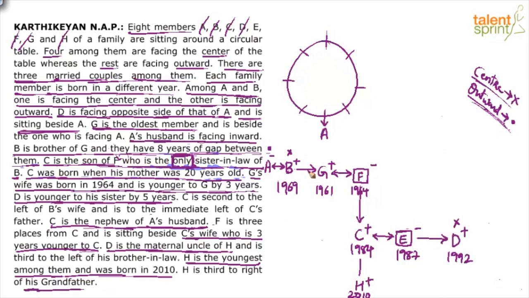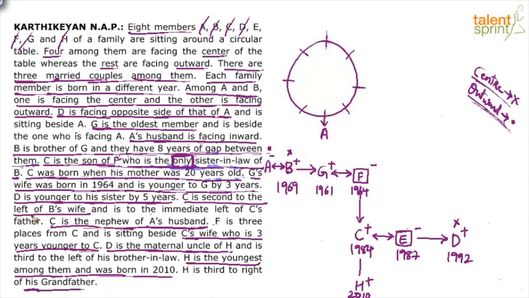Anything else that we can start with? C is second to the left of B's wife. Let's use this. We'll not mark D, and I'll remove this underline so that we don't get confused later. Who's B's wife? A. A is facing outwards, and left is anti-clockwise.